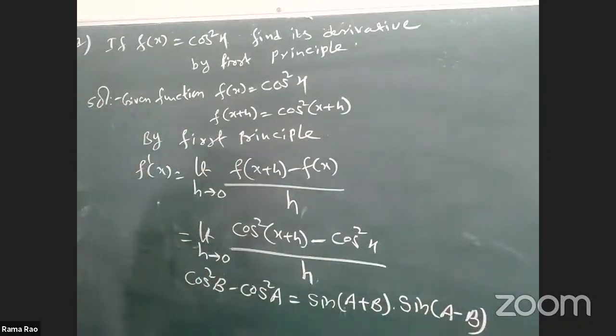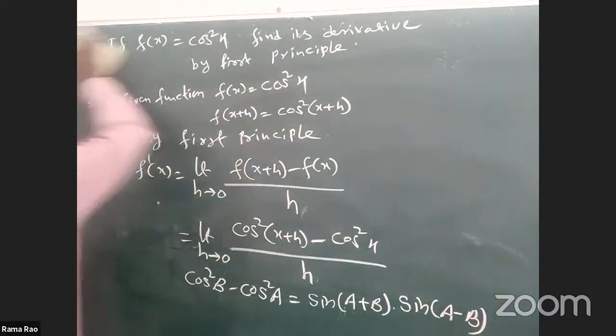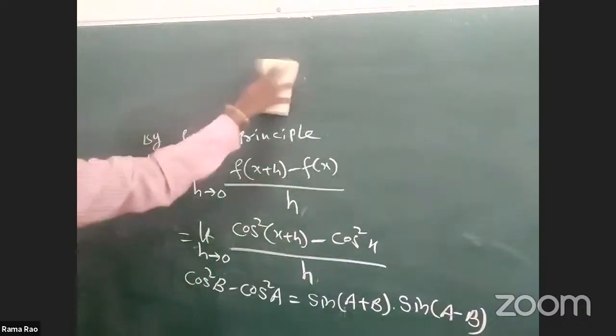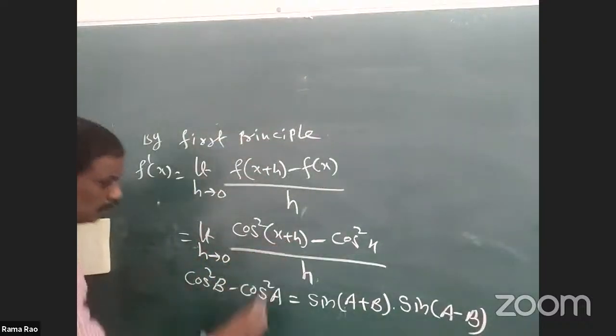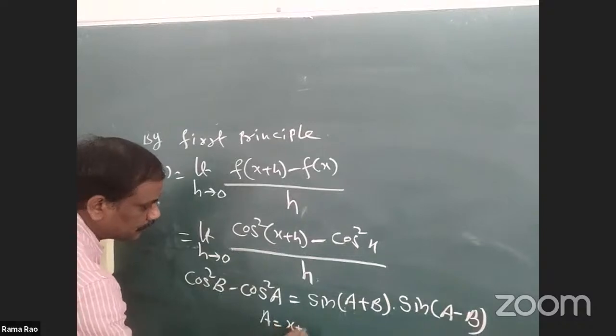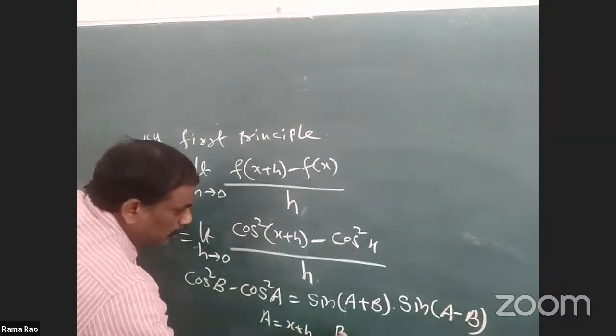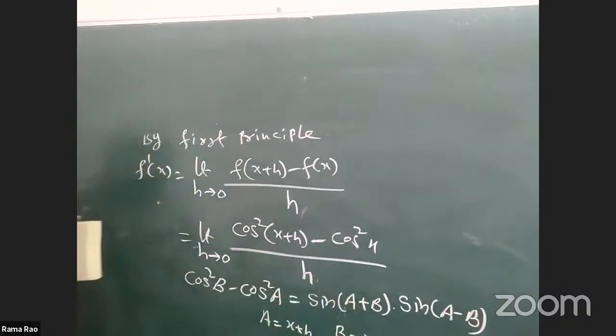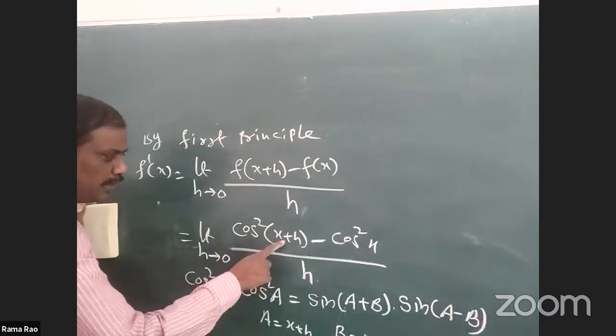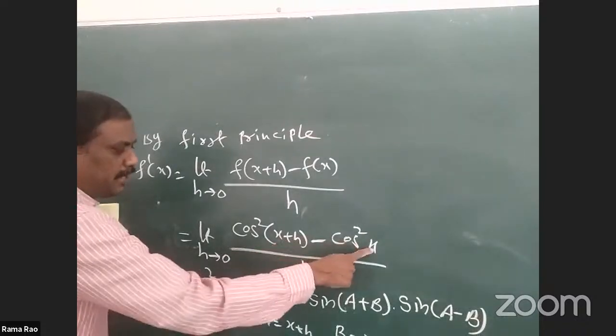Am I clear? Now, here a equal to x, b equal to x plus h.